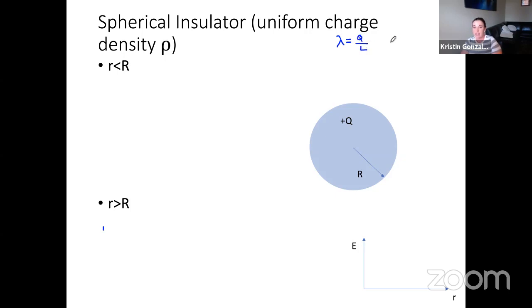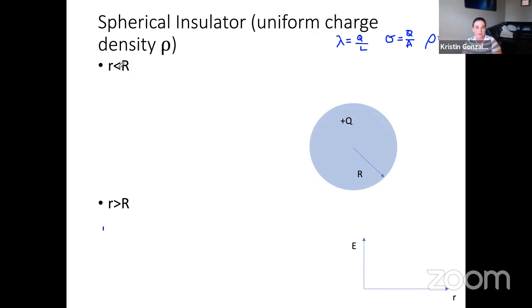That's lambda. We can have sigma, which is the area charge density, and sigma is equal to the charge per area. And then we can also have rho when we're talking about our 3D objects here, and rho is equal to our charge per volume. So those are 3 different kinds of charge densities we can have.